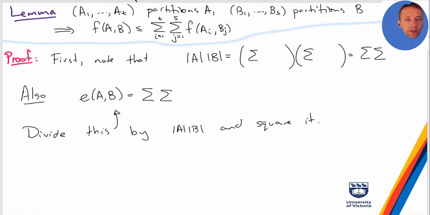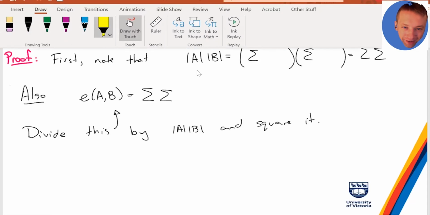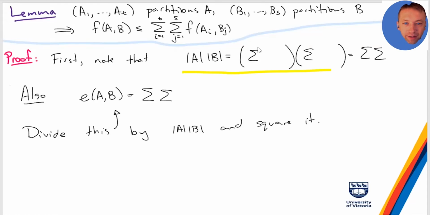Okay, so let's prove this. Here's a basic thing. We have to deal with the various parts of this f definition, so let me start with something fairly easy. How big is A times B in terms of my AIs and BJs? Well, the AIs partition A, so the size of A is the sum, i equals 1 to T, of AI.